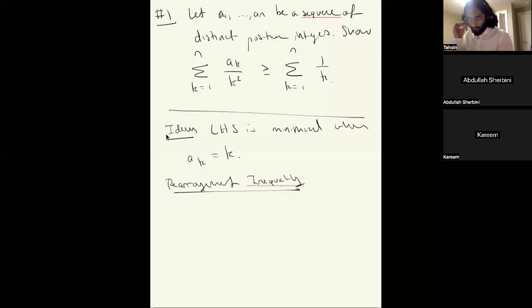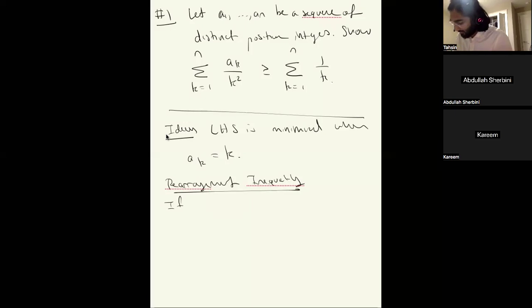This is a very important inequality. So what does it say? It says that, actually it works even when the numbers are not positive.